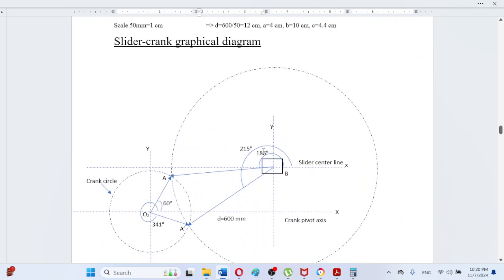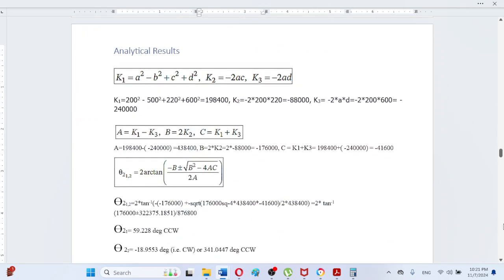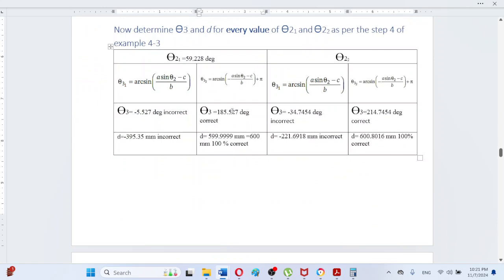Here the graphical value is 186. Our analytical result shown here is 185.527, which is 100% correct. When we input this value into the slider formula, the result will be equal to 600 millimeter as given, so this value will be accepted. So this is the correct formula for calculation of the connecting rod angle and the slider location verification.